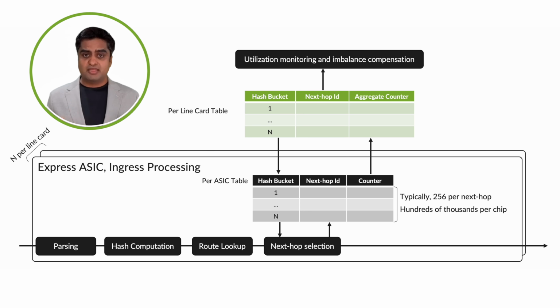The Express ASIC analyzes incoming data packets, identifying different flows and also measuring their bandwidth usage. Based upon this analysis, the ASIC automatically adjusts how traffic is distributed across network links. This also prevents any single link from becoming overloaded, ensuring that data can move quickly and efficiently throughout the network. The selected buckets can be maintained per ASIC or per line card level.